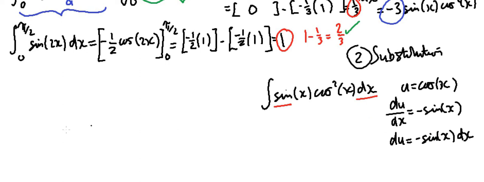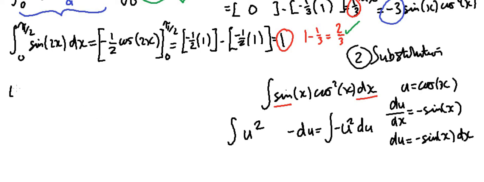So I'm going to rewrite my integral using minus du. I can replace sine x and dx with minus du, because minus sine x dx is equal to du. Now I've got u squared, that's just cos squared. So that means my integral is minus u squared du.